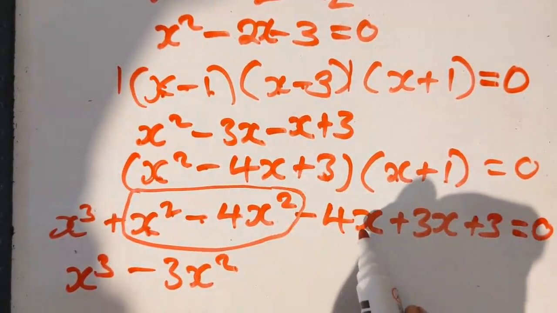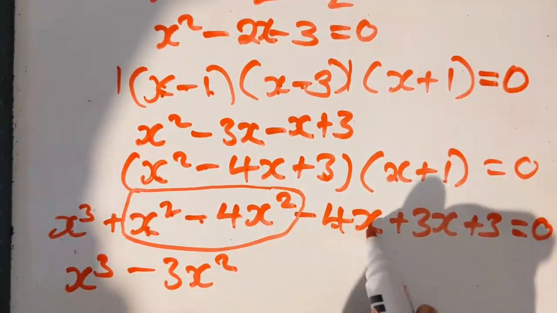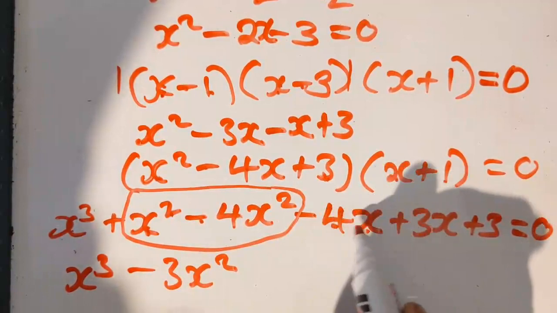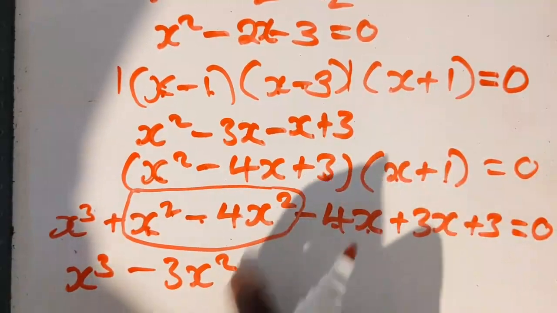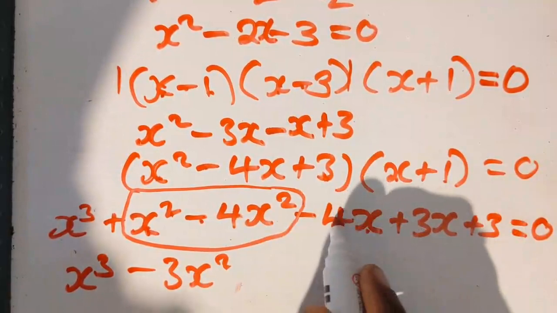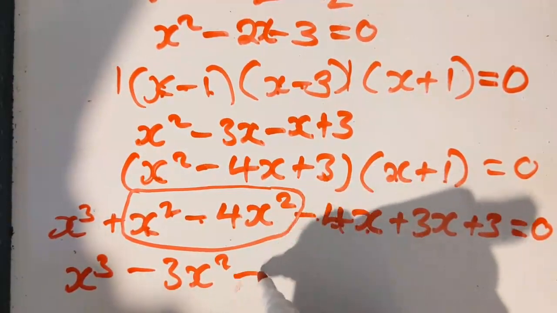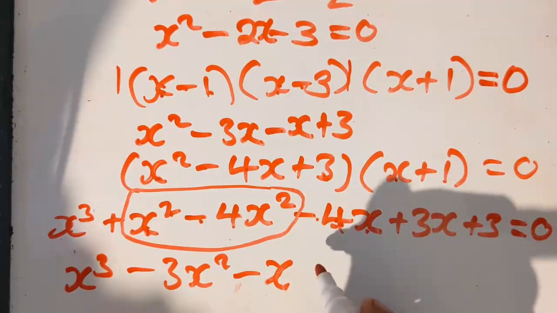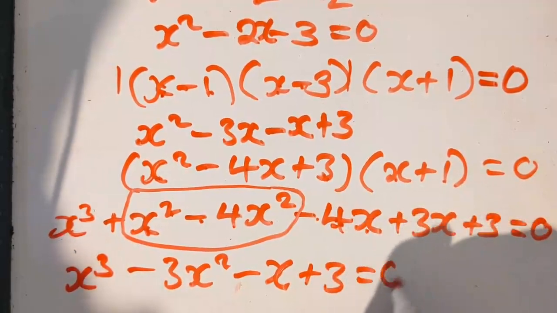Then here we have negative 4x plus 3x, it's going to give you negative x. Then there's positive 3, equal to 0.